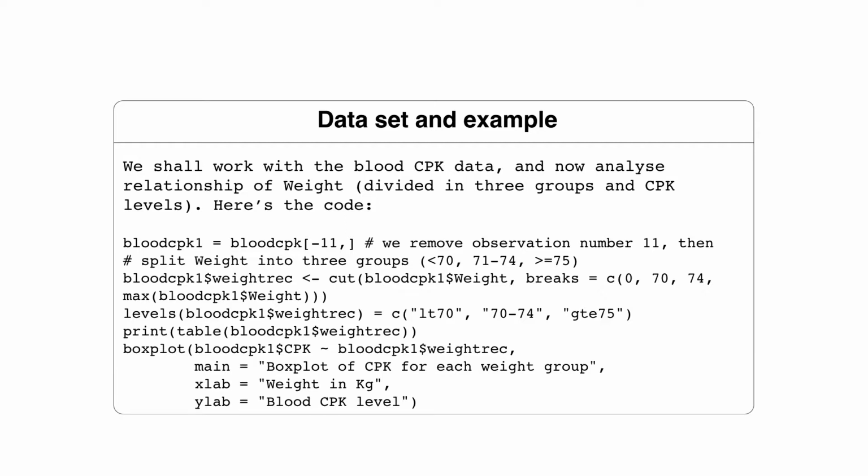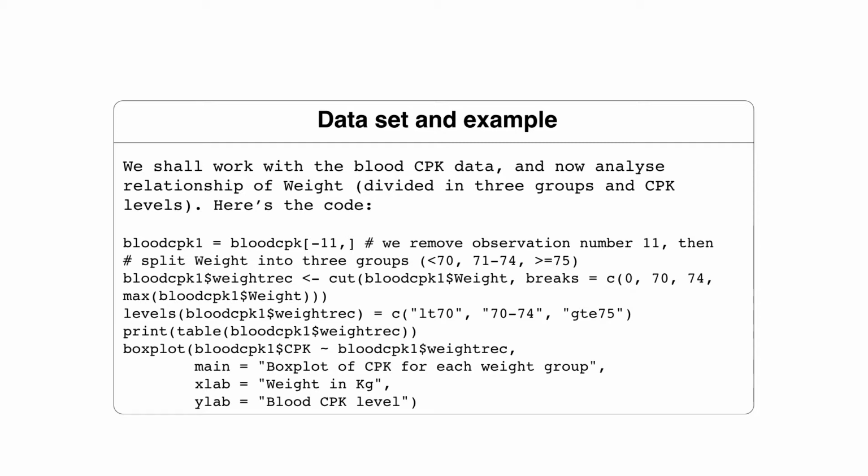The next break is at 70. This break could be based on a statistical univariate description of where the weights could go. We decided 70 would be a useful ballpark. Another breakpoint will be at 74, and our last breakpoint is at the maximum value of that weight, so we use max of blood CPK dollar weight.